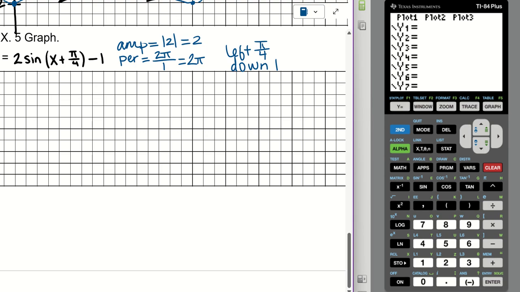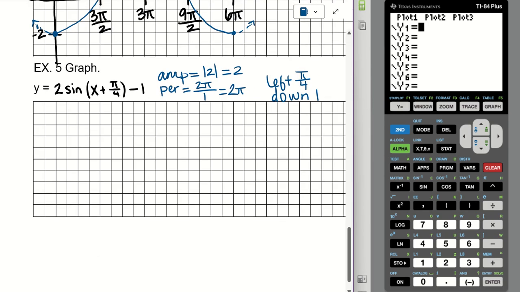Okay, so I'm going to show you how I will start out with the same basic sine function using the period and amplitude, and then we're going to make the adjustments of left pi over 4 and down 1. Okay, we could also use our calculator, but I'm going to start on paper. Okay, so we're going to label our x and y axis.